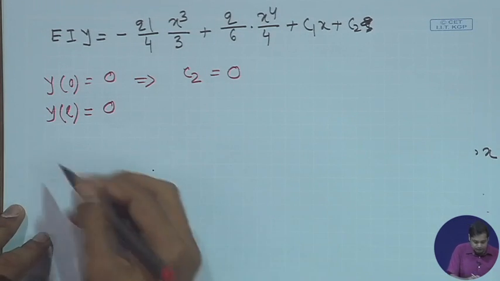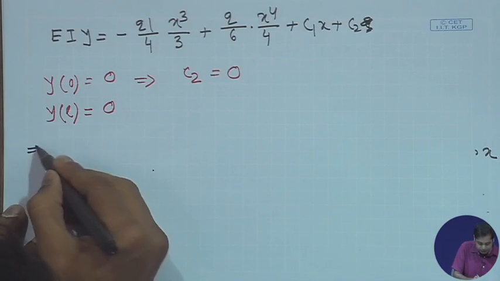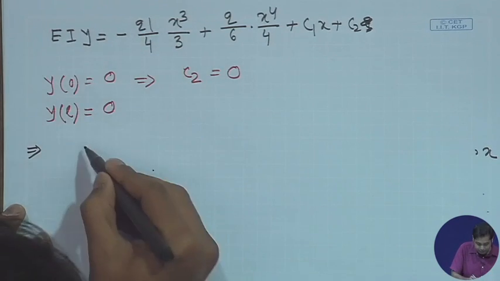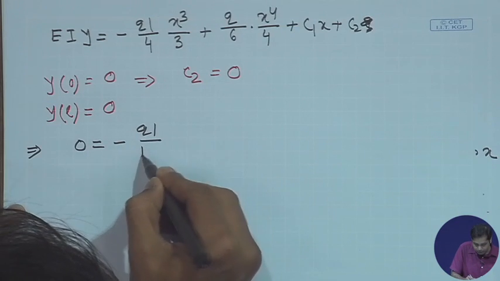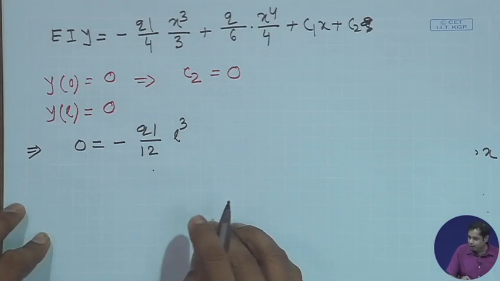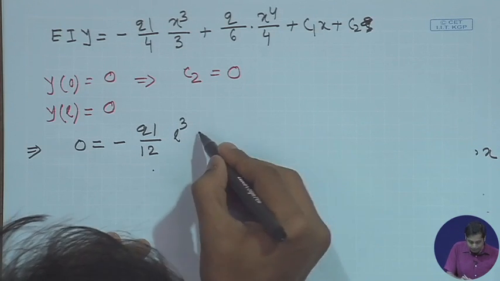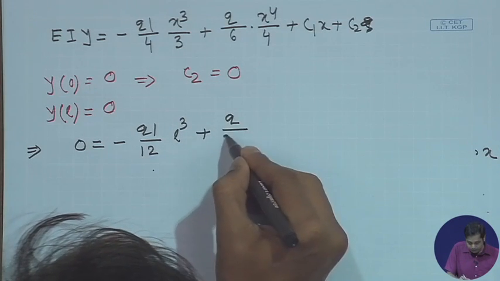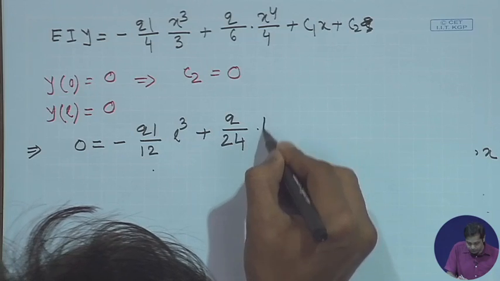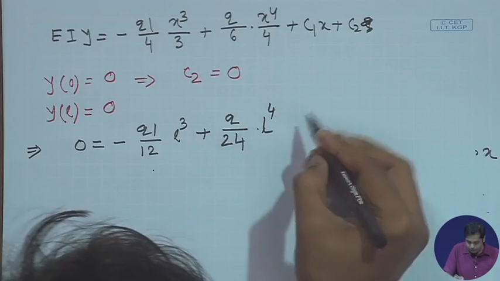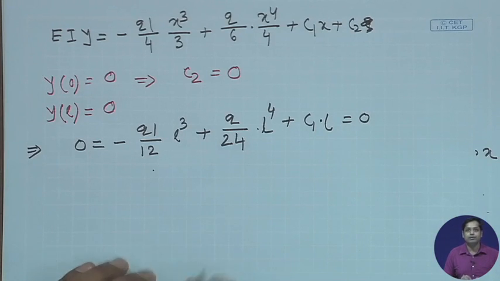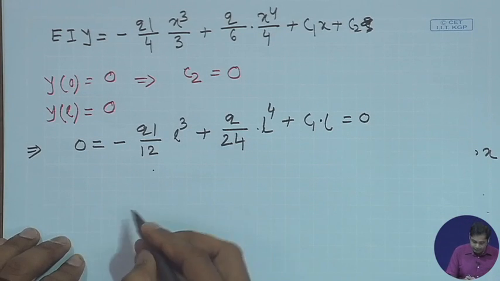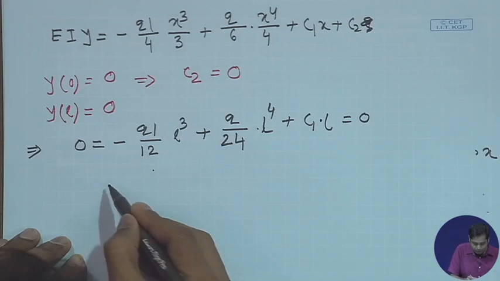If we substitute this, the left hand side becomes 0, and the right hand side is minus qL/12 times L^3 plus q/24 times L^4 plus C1 times L, which is equal to 0. Okay. And then the only unknown is C1 here.